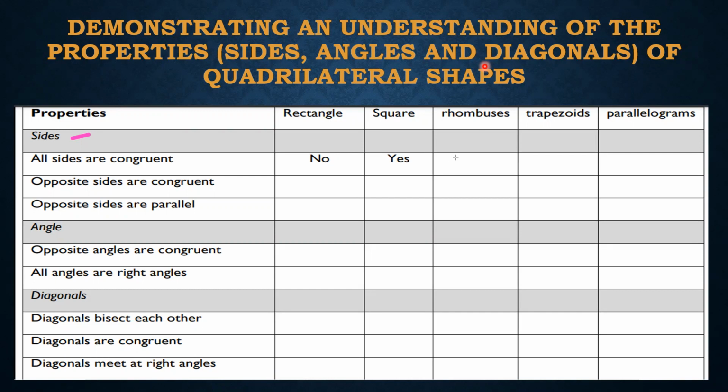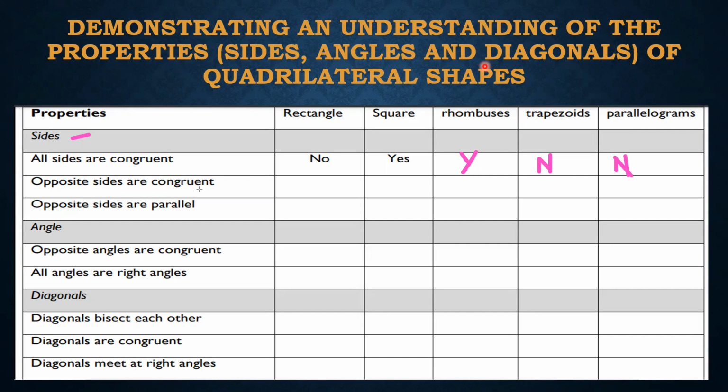The rhombus, all the sides are the same. So this time I'm going to use Y to represent yes and N to represent no. The rhombus, all the sides are the same. Good. The trapezium, all the sides are not the same. No. The parallelogram, all the sides are not the same. No. Good.